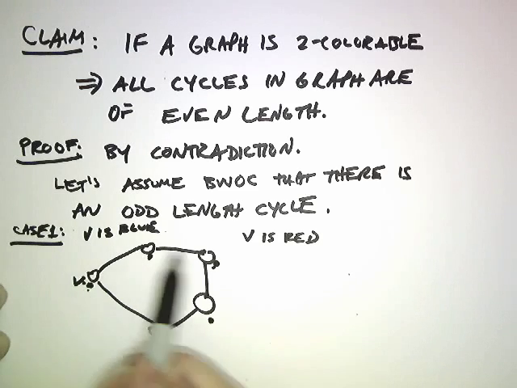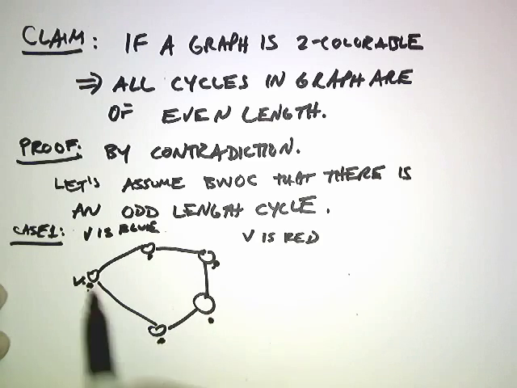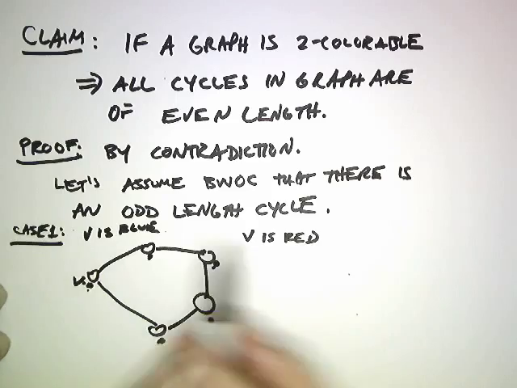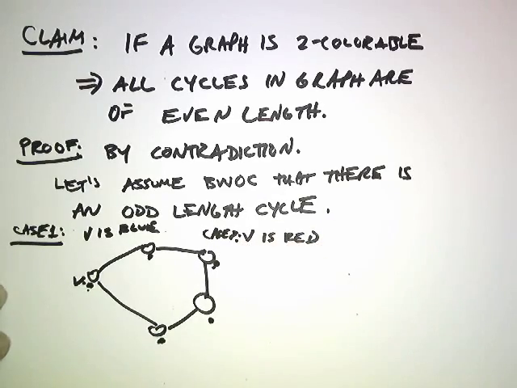You can see that this had nothing to do with the length of the cycle being 5. It had everything to do with the length of the cycle being odd. And it didn't matter what the initial coloring of V was. So what did we do? Basically we said, okay, let's assume the graph is two colorable, and there's an odd length cycle. But we came to a contradiction. This two coloring is no longer valid if there's an odd length cycle.